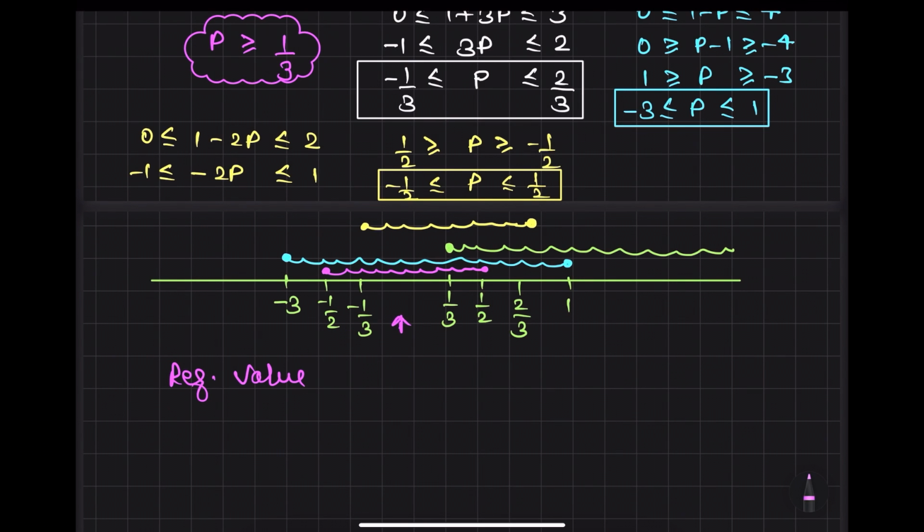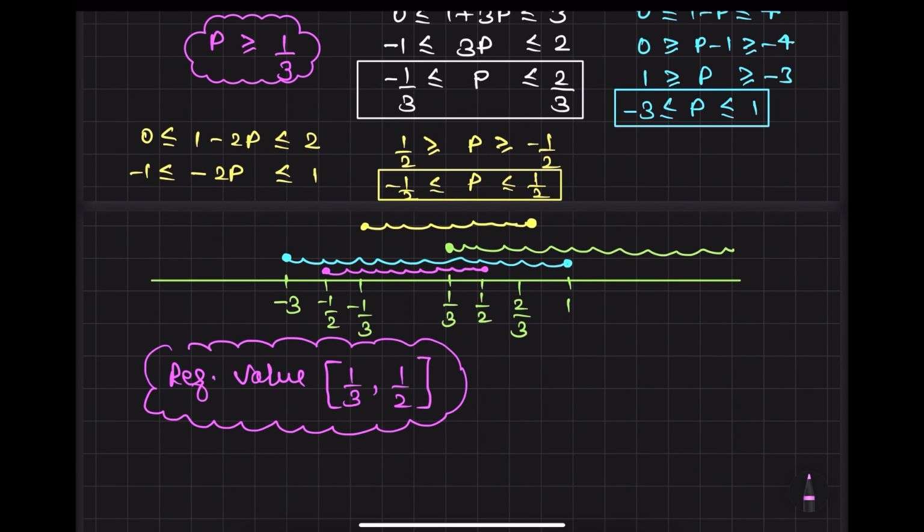In this room, 3 persons stay. In this room, 4 persons stay. That is 1/3 to 1/2. Yes. And then the next room 3 persons, next room 2 persons, next room 1 person. So the required value of P is from 1/3 to 1/2.